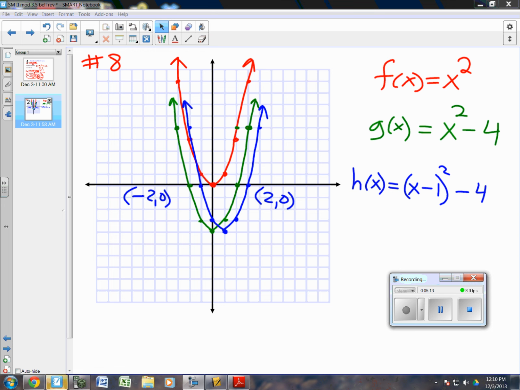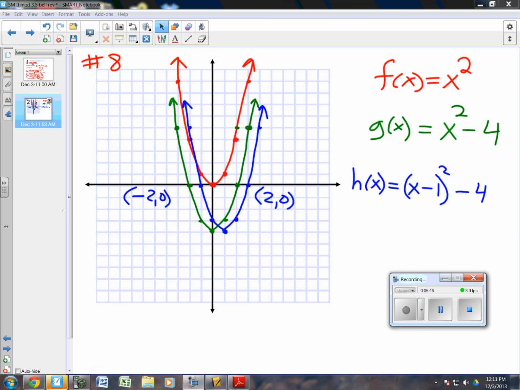Then part E. What are the coordinates of the points corresponding to the x-intercepts in g of x in each of the other functions? So where are the points? We have g of x as the green one. Everybody look up here so you can see what we're doing. g of x is over 2 and up 4. Let's compare f of x, the points that correspond to the two x-intercepts in g of x.